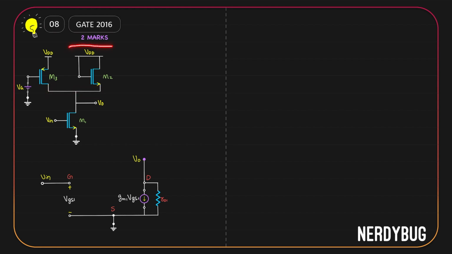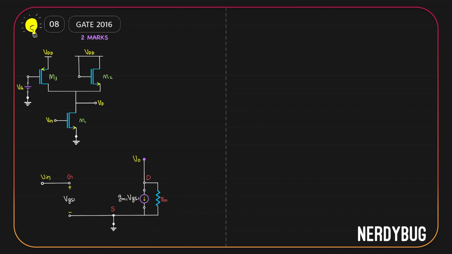Now, is MOSFET 2 familiar to you? Its drain and gate are connected, which means it is a diode connected MOSFET. A diode connected MOSFET can be modeled as a resistor whose resistance is 1 by transconductance. But there is a slight difference here. We also have to consider the channel length modulation in M2. So M2 is basically a resistor whose resistance is 1 by transconductance with RO2 in parallel to it.